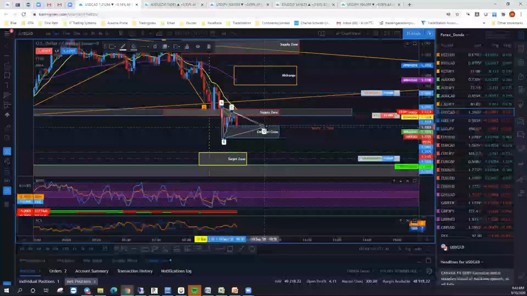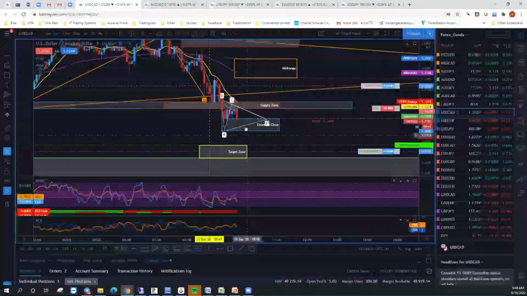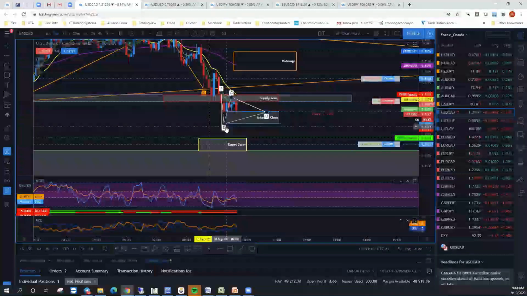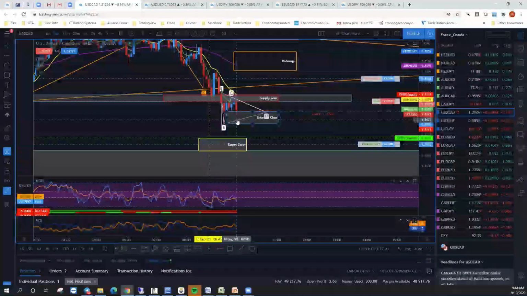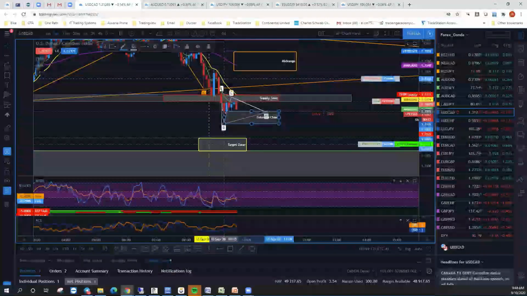And we don't have the break of the wedge. This would be an early entry; you could wait for it to break the wedge and close. But if you want an earlier entry before the break, then you could say, okay, if I get a close below this, actually it would be the red candle, because this is where the buyers came back in again.